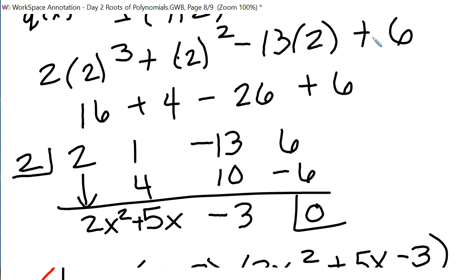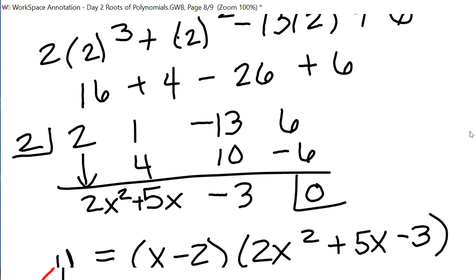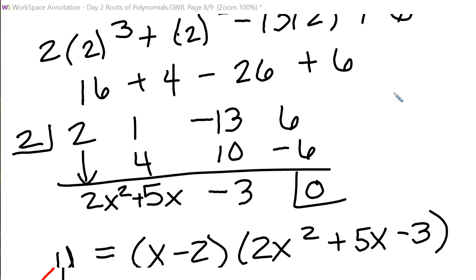Okay, so plot the y-intercept. The y-intercept is at 6. Then plot your x-intercepts. So we have an x-intercept at positive 2, at positive 1/2, and negative 3.